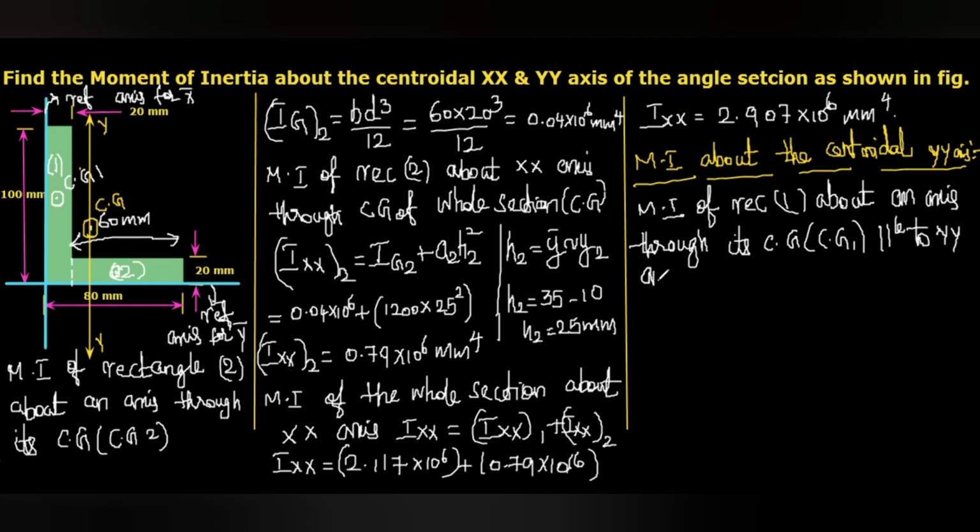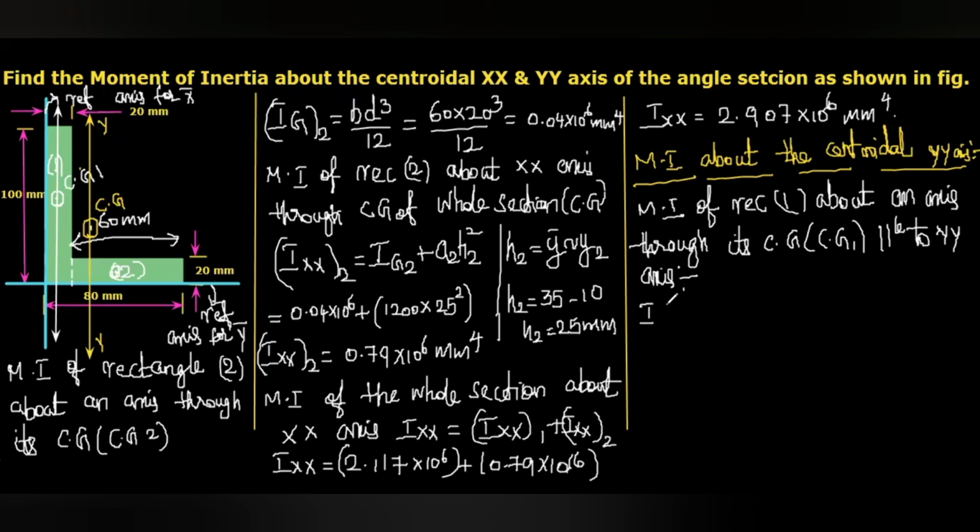Previous one is parallel to XX. Now this one is parallel to YY axis. Here you can see this is CG1. Okay, this is CG1. And moment of inertia of the first rectangle with respect to an axis that passes through its center of gravity, that is CG1, and that should be parallel to the YY axis. Okay, that is with respect to this axis. That I am going to write as IG1. Okay, that equal to IG1.